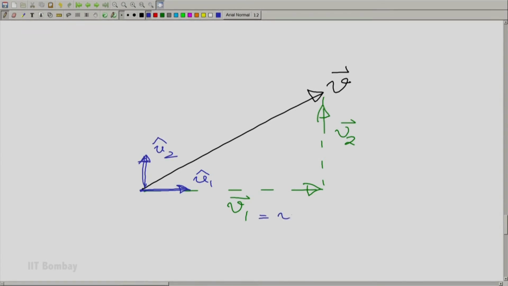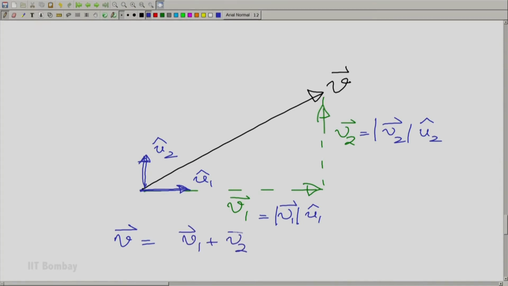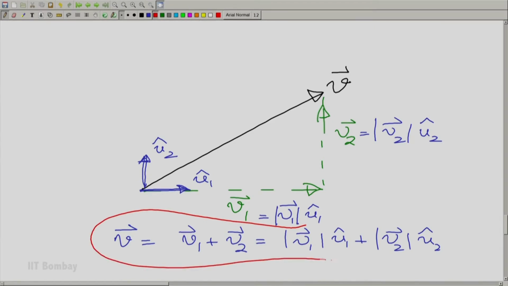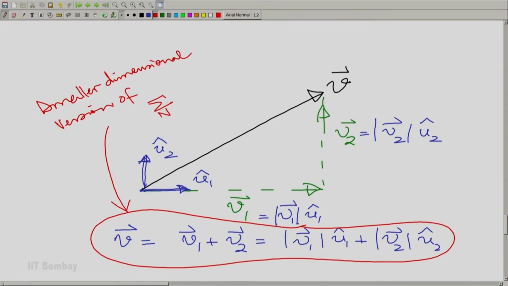And V1 is essentially the magnitude of V1 times U1 cap, and V2 is the magnitude of V2 times U2 cap, and V is essentially V1 plus V2, that is, the magnitude of V1 times U1 cap plus the magnitude of V2 times U2 cap. What we have written here is essentially a smaller dimensional version of this.